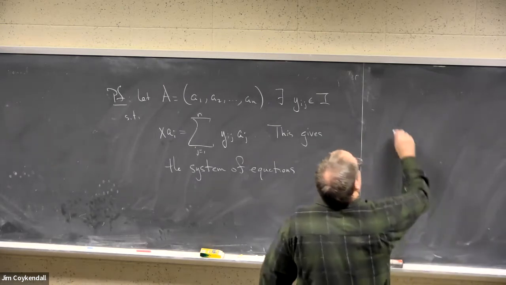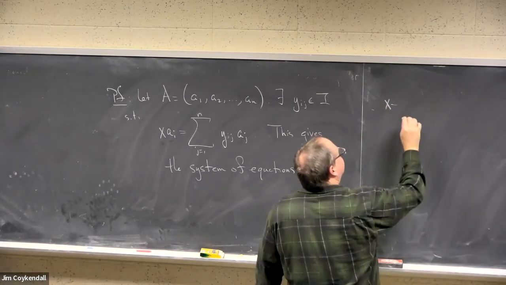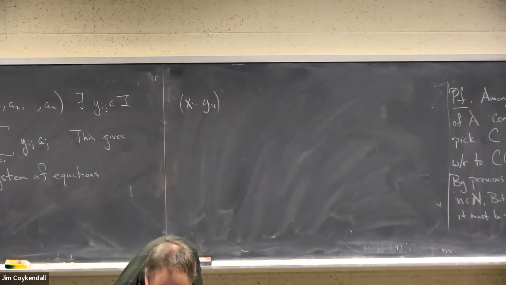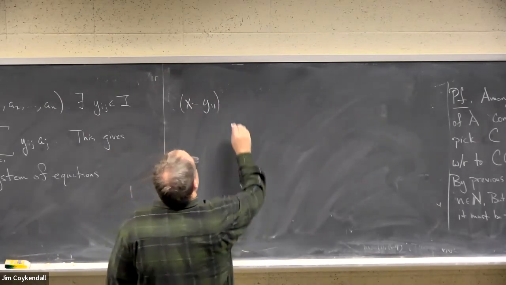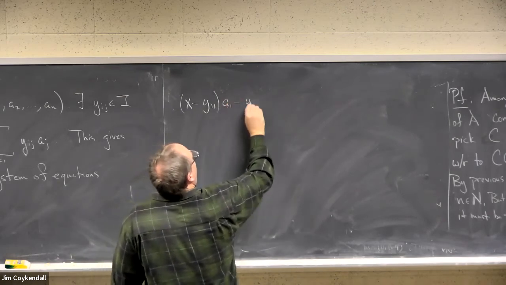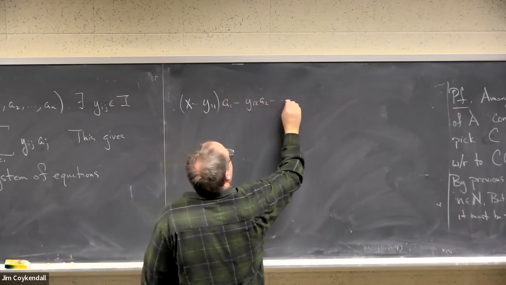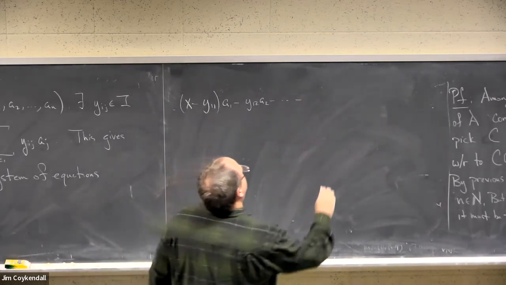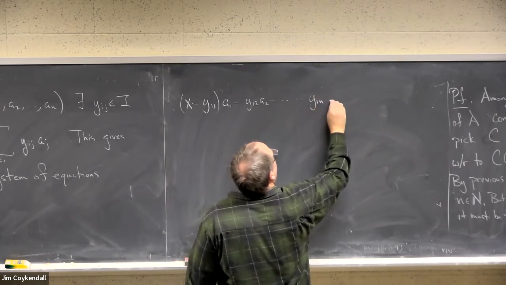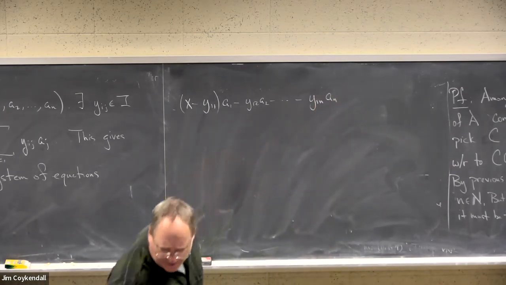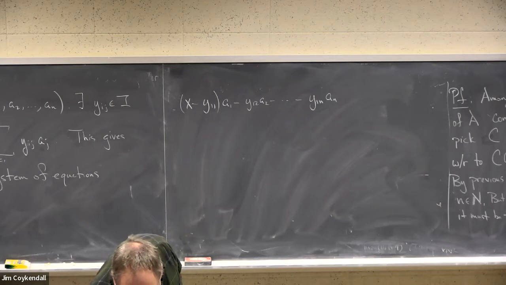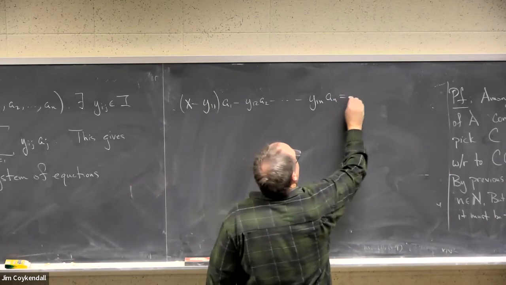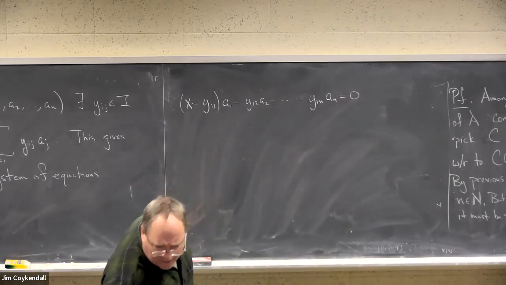(X minus Y11) A1 minus Y12 A2 minus ... minus Y1N AN equals 0.